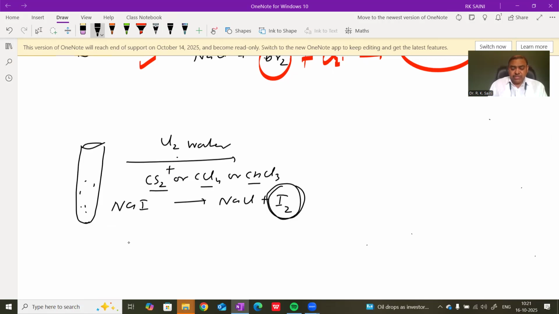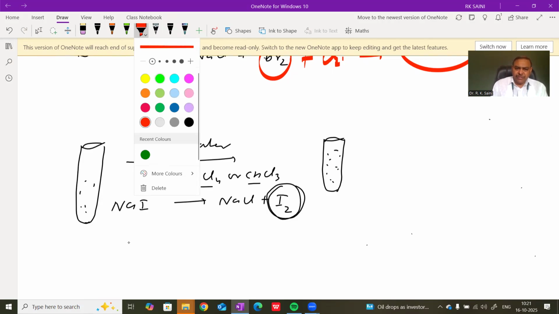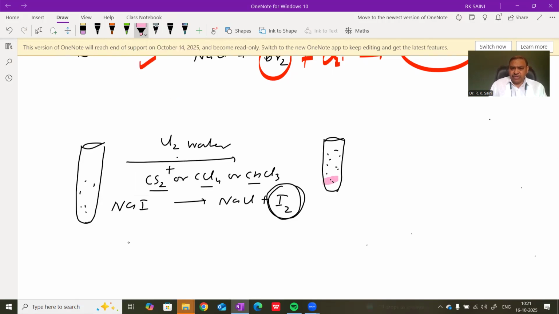After shaking the test tube for 2 or 3 minutes, iodine makes a violet layer in the bottom, because the solution of iodine has higher density. Violet layer in the solution, I2 in CCl4.